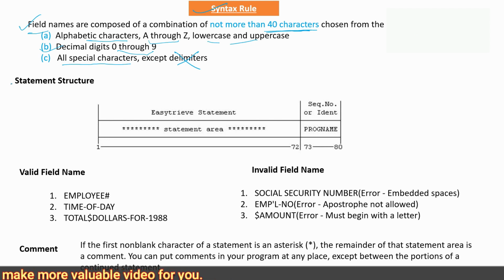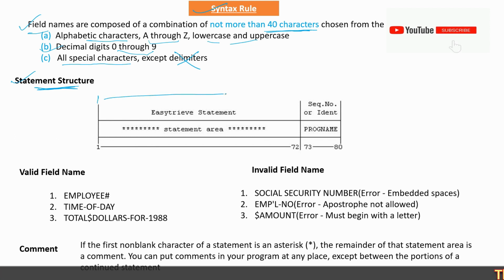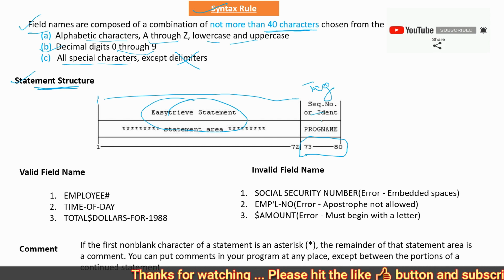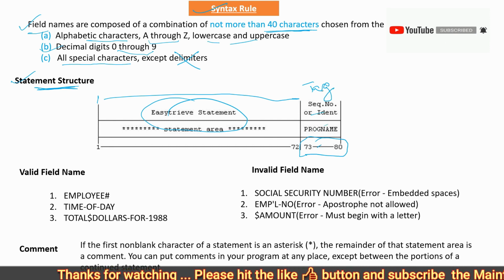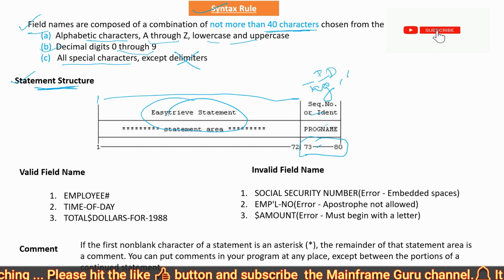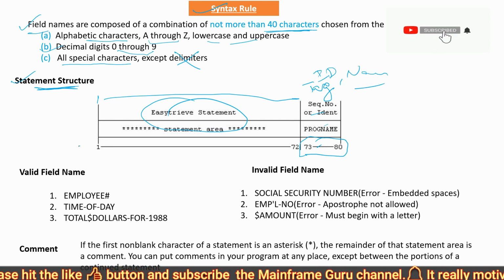And what is the statement structure in Easytrieve? From the first column to 72, it will be the Easytrieve statement, and from 73 to 80 you can write the tag, an identification like the program name. You can write your ID also.